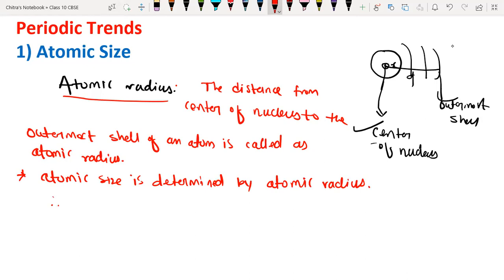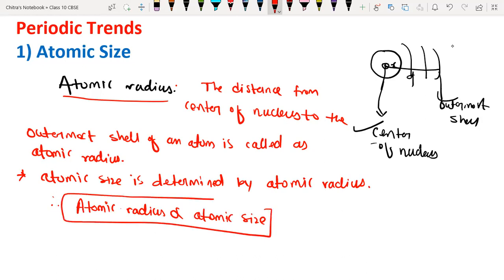Therefore, atomic radius is directly proportional to atomic size. Understood, everyone? So take a screenshot of that.